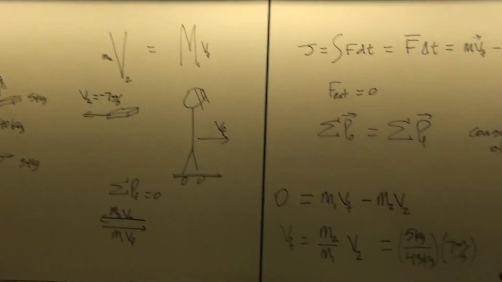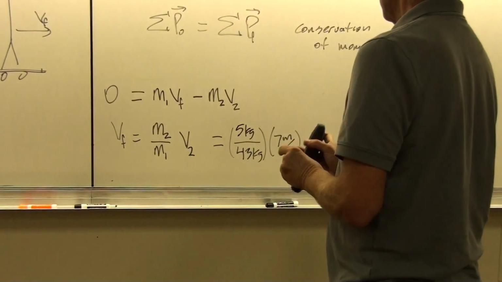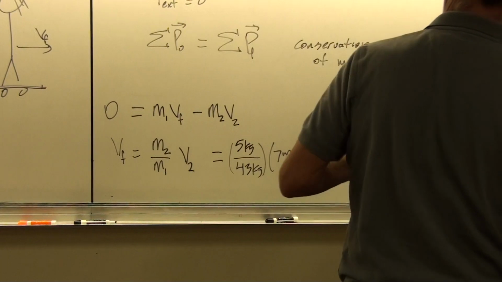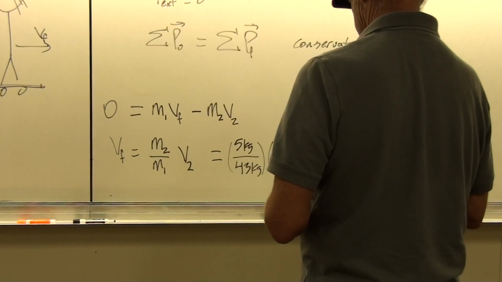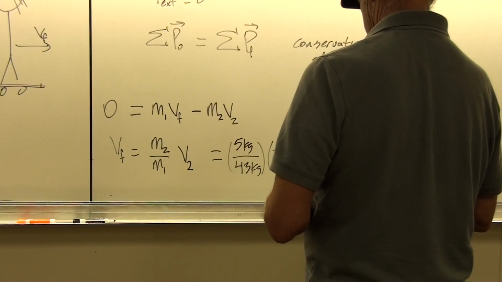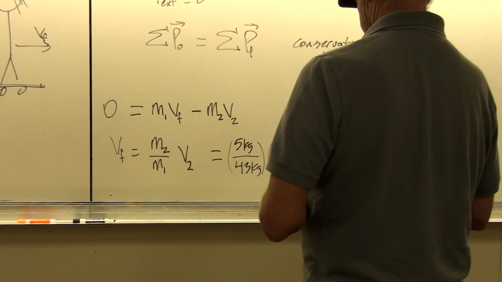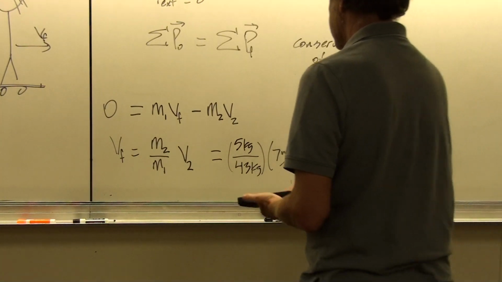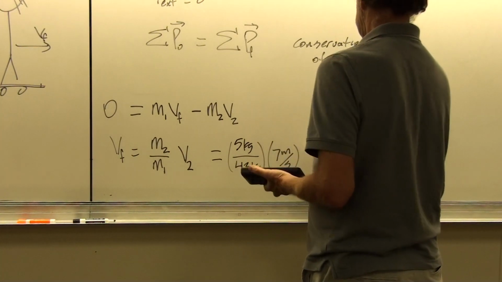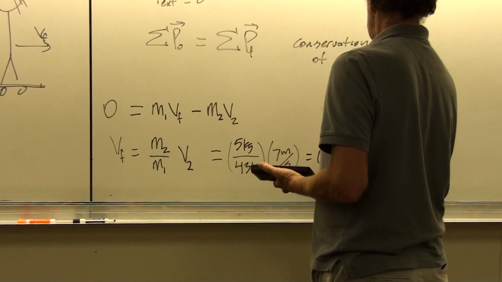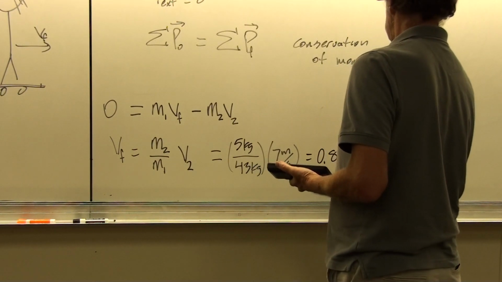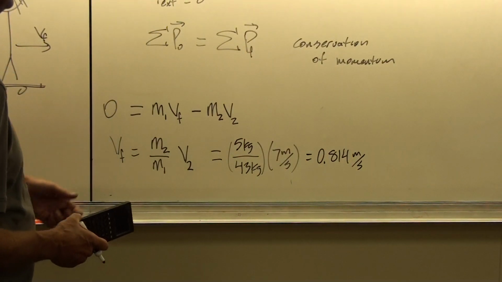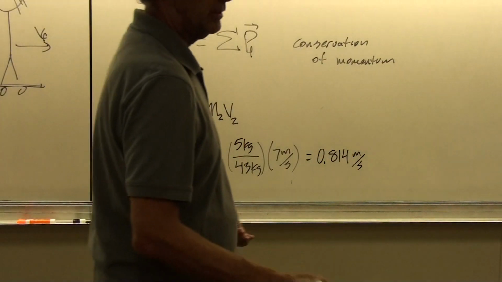So we knock this number out, and we're going to get a small fraction of 7 meters per second. So here it's just going to be 0.814 meters per second as her final velocity, her and the skateboard moving in the opposite direction.